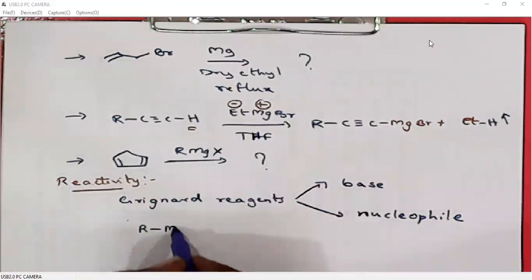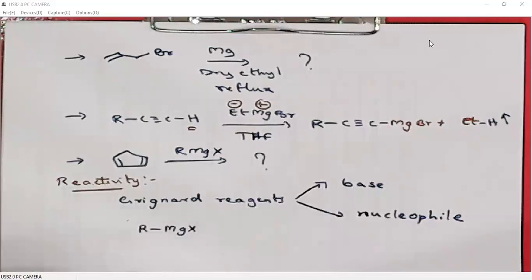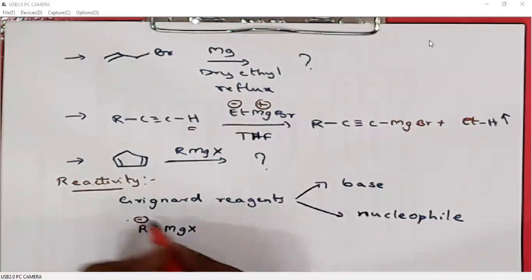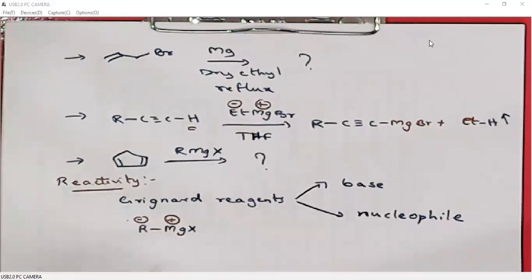Why? Because in Grignard reagents, the alkyl group is negatively charged. Negatively charged alkyl group, carbanion. Carbanions can act as a base as well as a nucleophile.